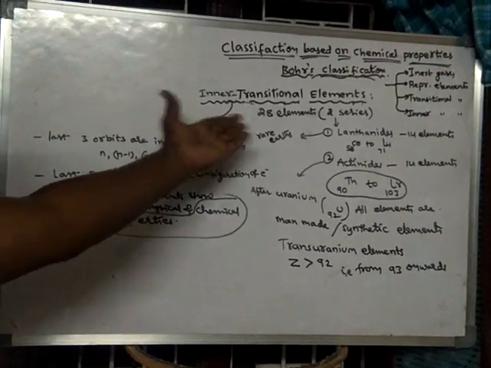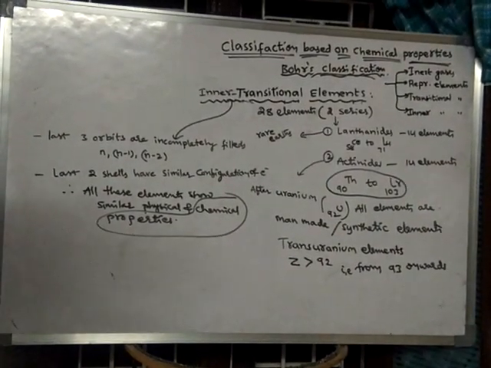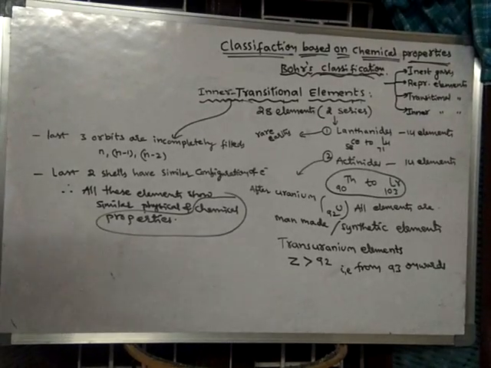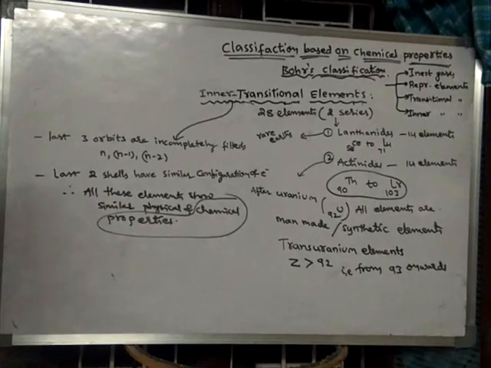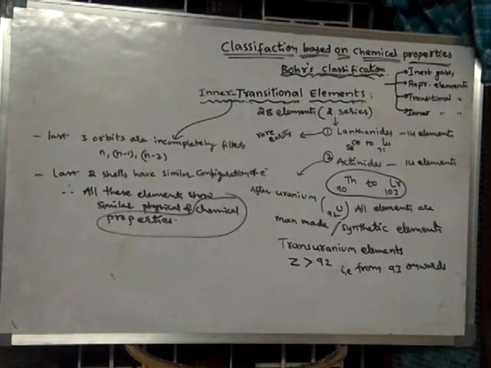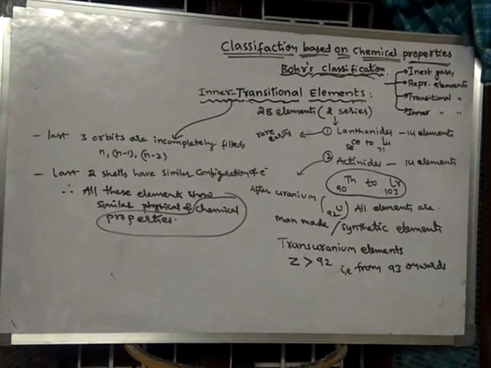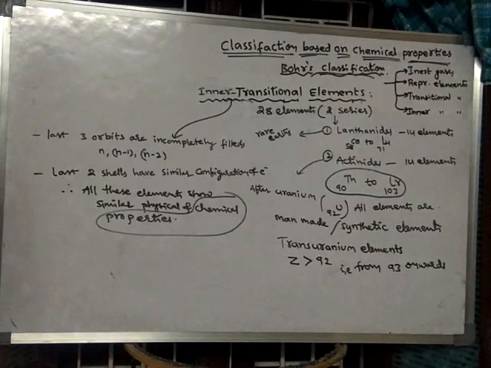So here in all inner transitional elements, not only the last orbit, even the last but one orbit will have similar electronic configuration. So that is why all the inner transition elements show similar physical and chemical properties.